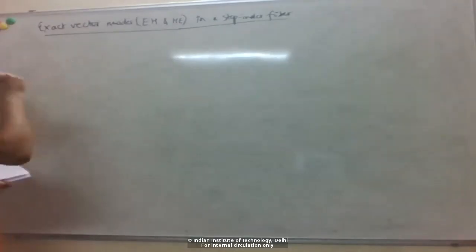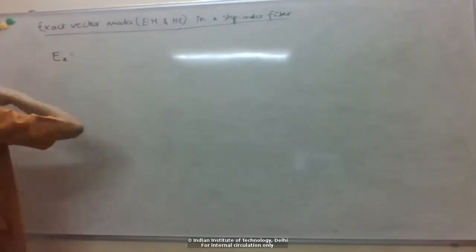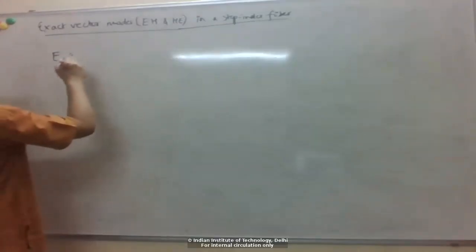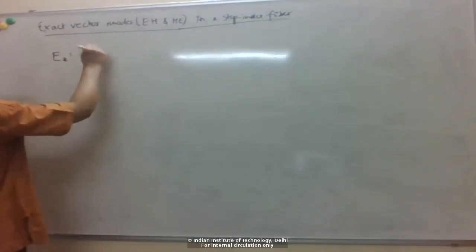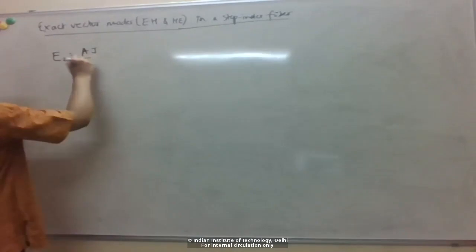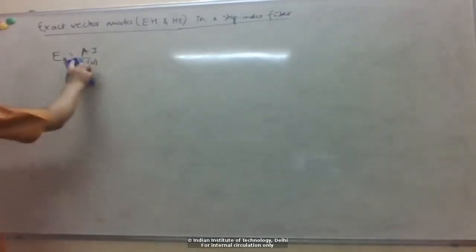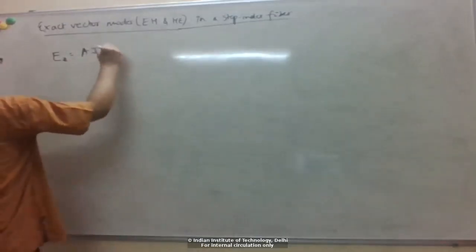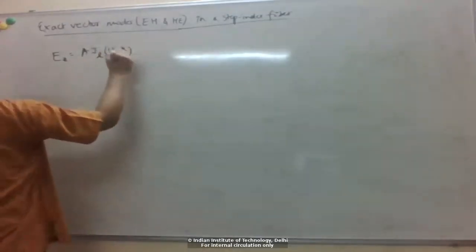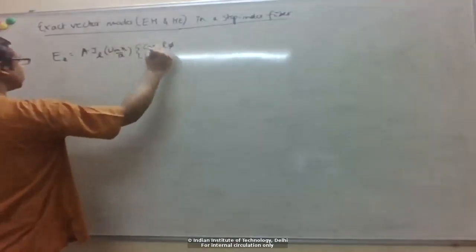And so we can solve in the cylindrical geometry in the same way, and then we saw that, for example, we can write Ez as something like this.